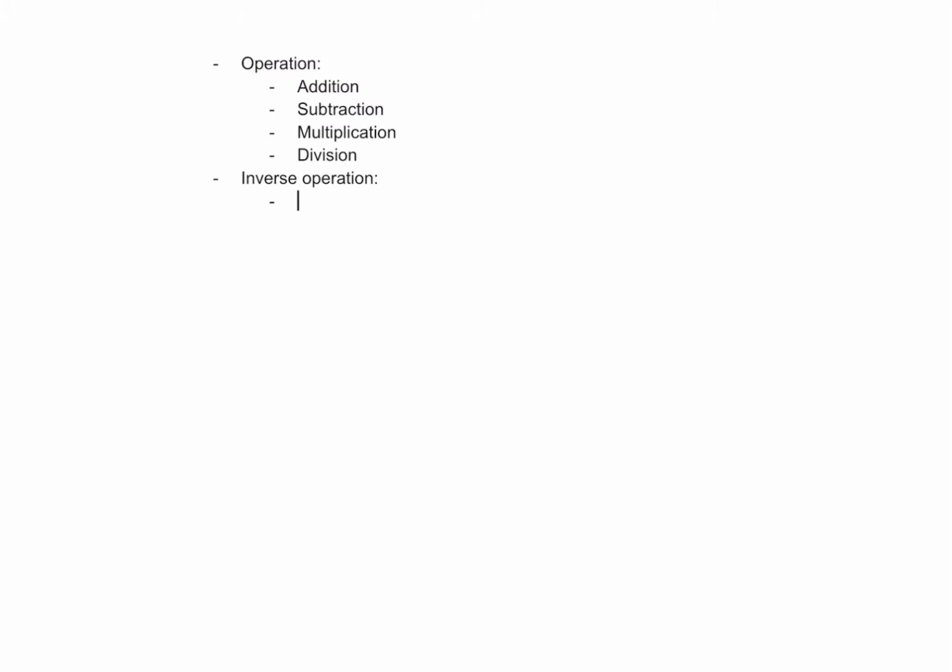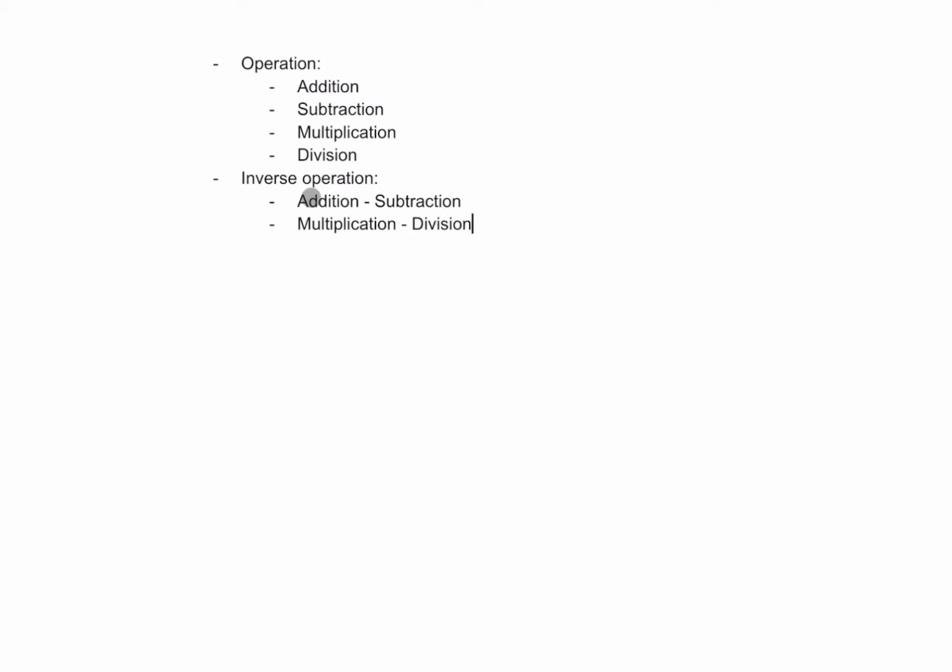So if we've got addition, what do you think the inverse operation for addition is? Subtraction. And what do you think the inverse operation is for multiplication? Right. Division. And therefore, the inverse operation of division is multiplication, and the inverse operation of subtraction is addition, okay?